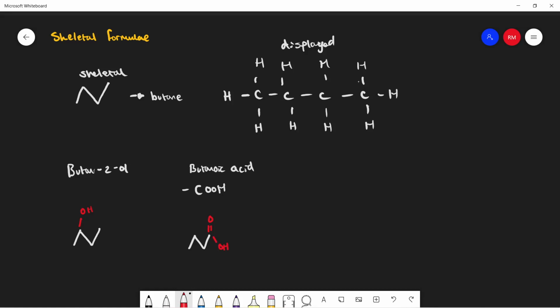You see, it's so much quicker and so much simpler than drawing out the 4 carbons, then the O, then the OH, and then all the other hydrogens. So that's the main reason why it's used.